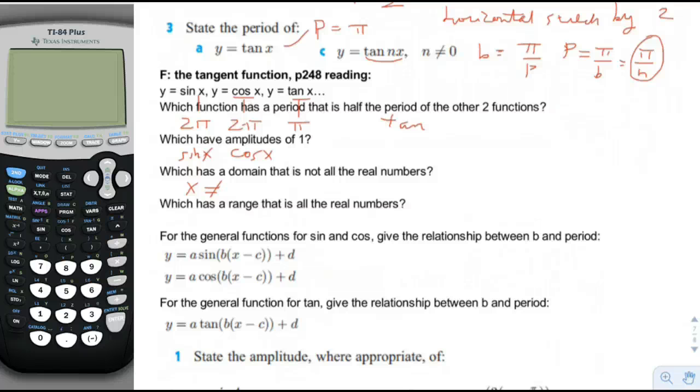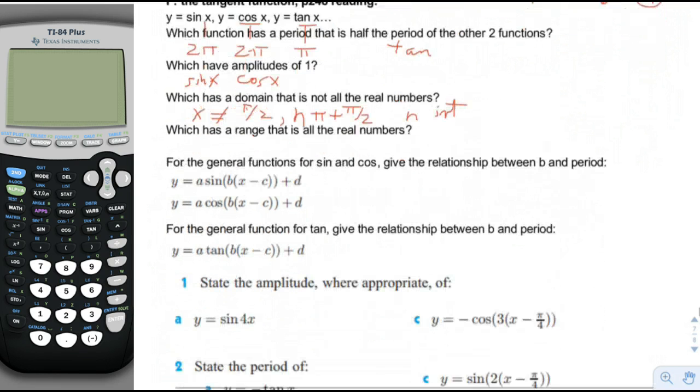So tangent doesn't have a valid value for example, pi over 2, or multiples of, let's see, n pi plus pi over 2, okay, where n is an integer. Let me rewrite the n there.